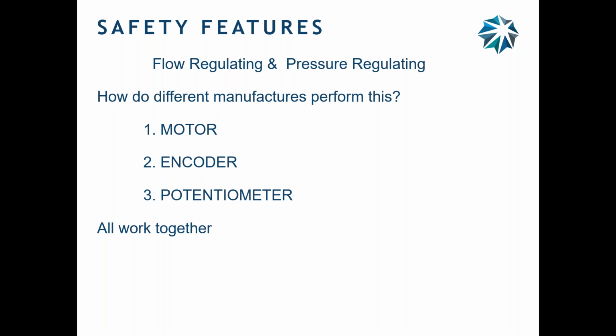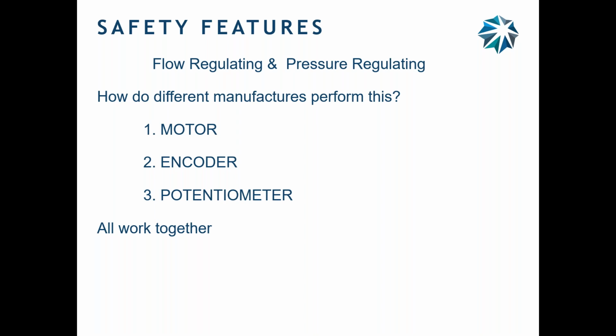One thing about the Bayer injectors, you can always find the blue pot. Motor, encoder, linear pot. Motor, encoder, motor, and the linear pot is right here. What is the difference between a linear pot and potentiometer pot?